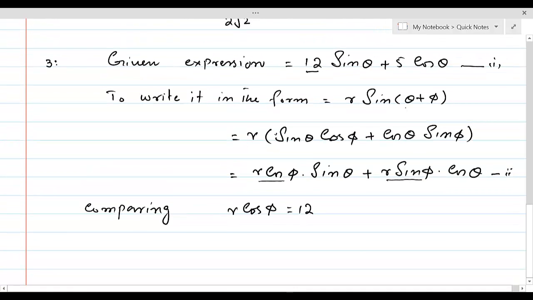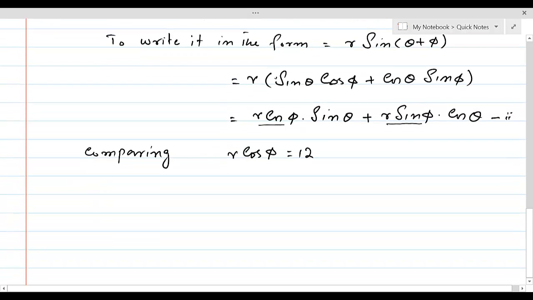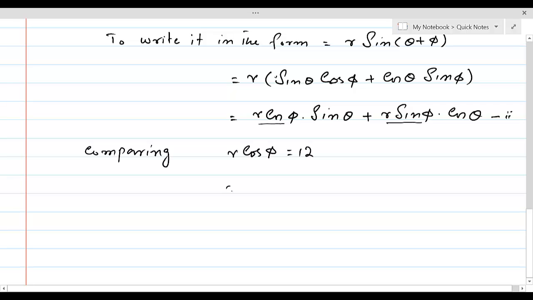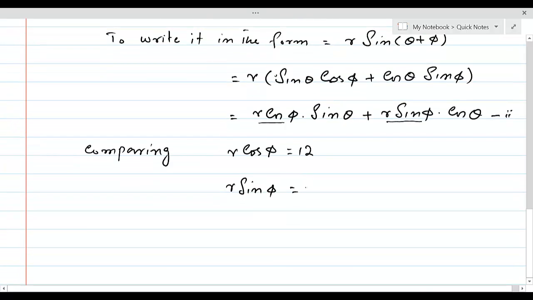So let's call this number 3 and this number 4. We have introduced two unknowns, r and phi, and we need to find these values.